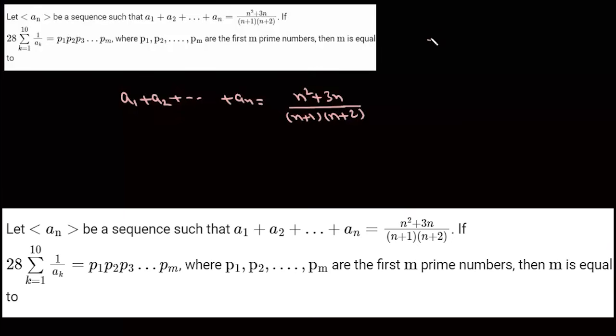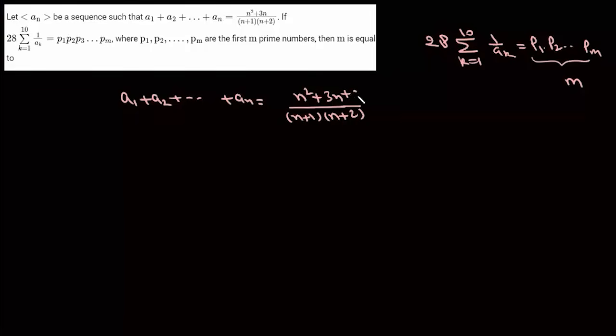It says if 28 into summation k varies from 1 to 10, 1 upon ak will be equal to p1 into p2 into pm, where p1, p2, pm are first m prime numbers. Then we need to find value of m. So we need to find how many primes are there in the prime factorization of this summation 1 by ak into 28. Now what we'll do is we'll write this as n square plus 3n plus 2 minus 2.